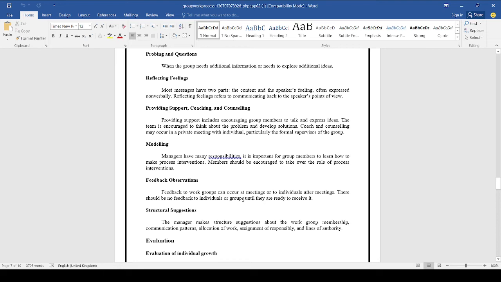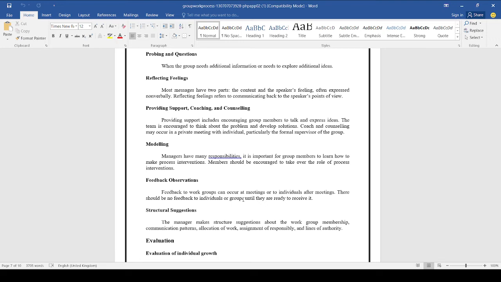Structural suggestions. Here the manager gives some suggestions about the work of the group members, their communication patterns.